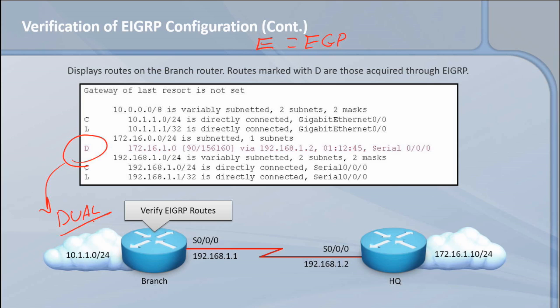And then also one of the main authors was Don Slice. It could stand for him. But basically E was in use, so your EIGRP routes are going to show up as a D. Here we see the administrative distance, and there you see your metric. Here we see our next hop. That's the interface we'll go out of. Pretty easy, right?